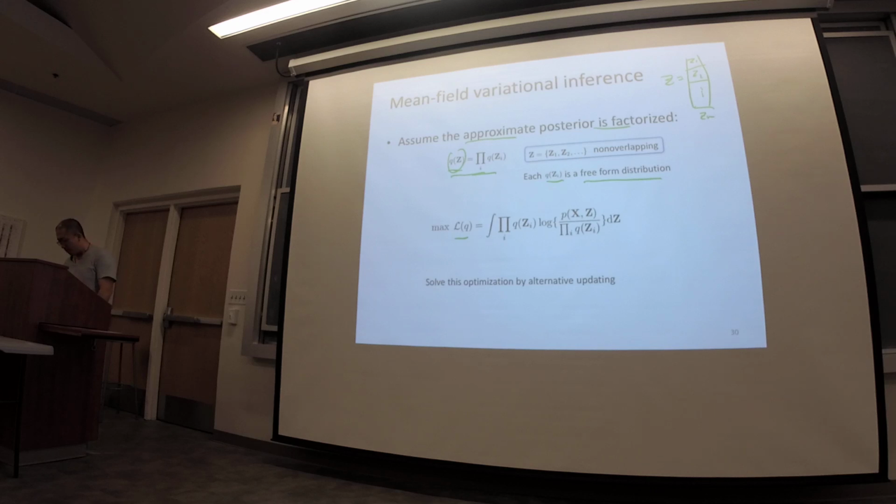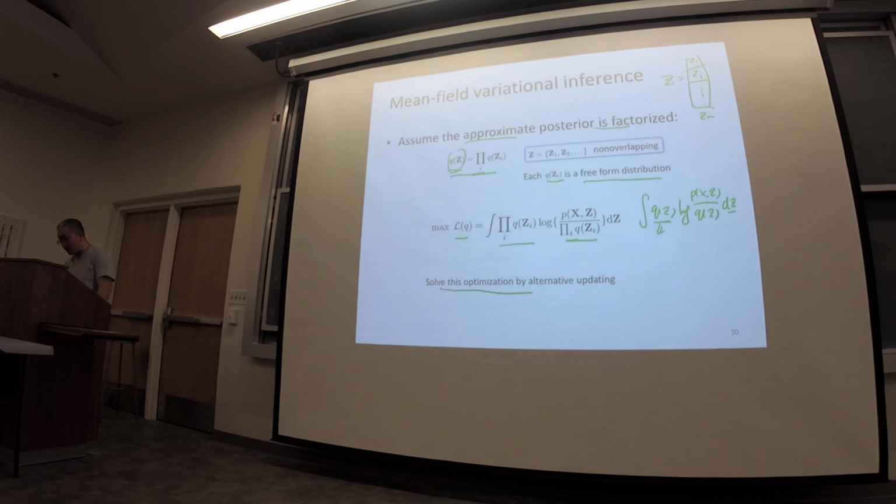This is an expectation, which is an integral of the approximate posterior Q of Z times a log fraction, which divides the joint probability by the approximate posterior. Now we have chosen this factorized form, so we replace Q of Z by this product, and also the denominator by this product.